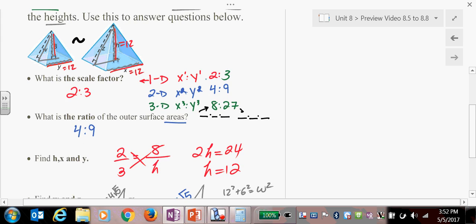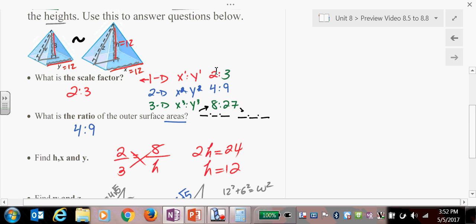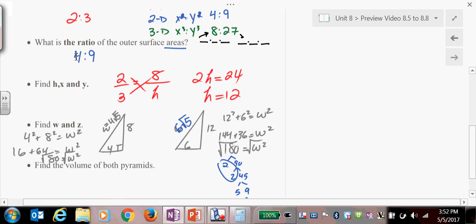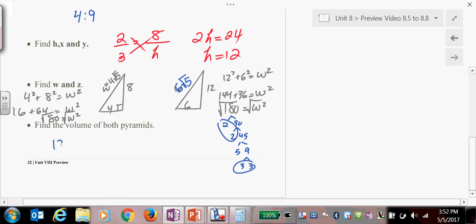Find the volume of the pyramids. That's simply area of the base times the height over 3. So our area there would have been 12 squared times our height, which is 8 over 3, and the volume here.